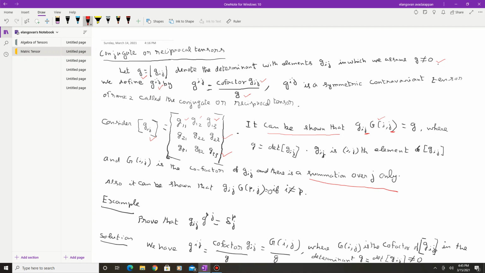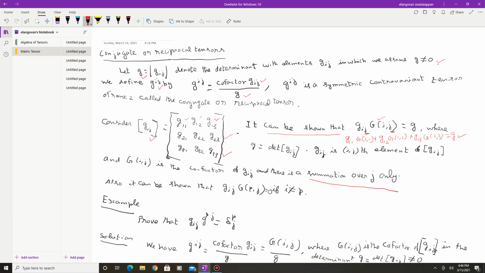Then g11 times the cofactor g of 1 comma 1, plus g12 times g of 1 comma 2, plus g13 times g of 1 comma 3, that is equal to the value of the determinant.